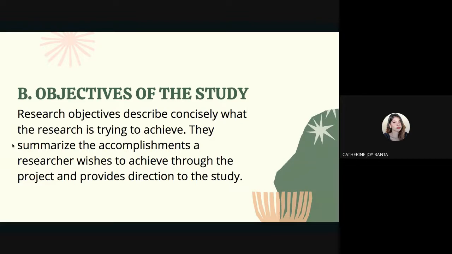Research objectives describe concisely what the research is trying to achieve. They summarize the accomplishments a researcher wishes to achieve throughout the project and provide direction to the study. Your research objectives must be clear and understandable so that you know where your study is going.